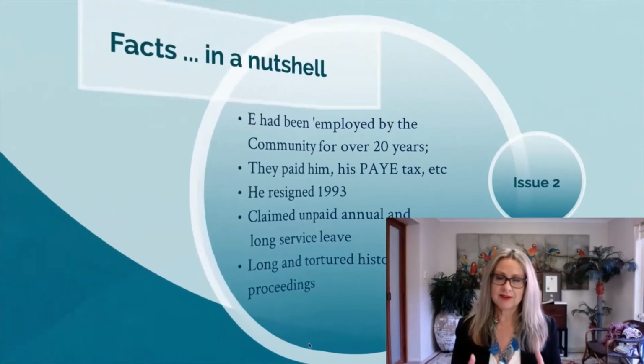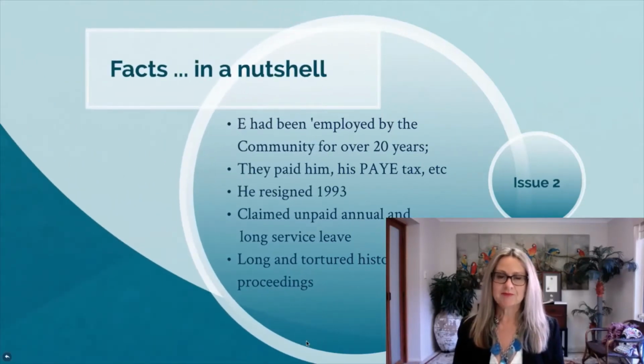So, facts of Homogeneous. The Archbishop had been employed for around 20 years by the community. The community paid him. Interestingly, they also paid the ATO his PAYE tax, and on his tax-related forms, the community had designated Homogeneous as the employee and themselves as the employer.